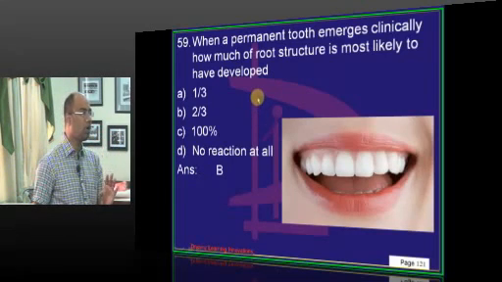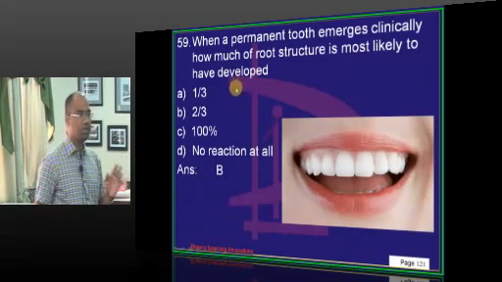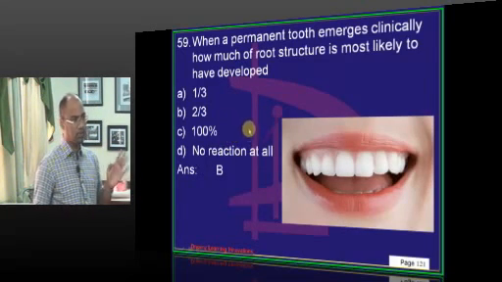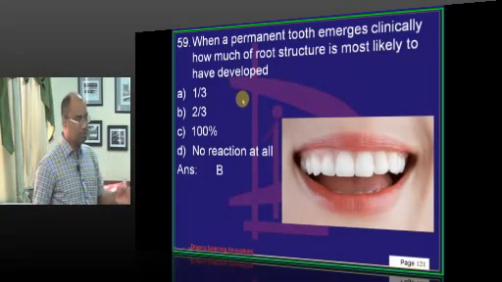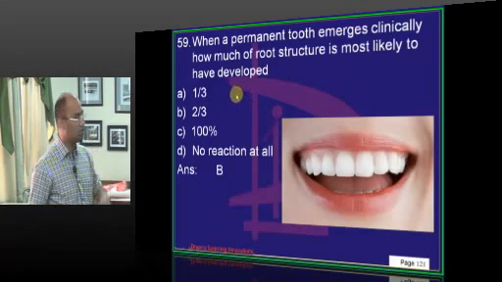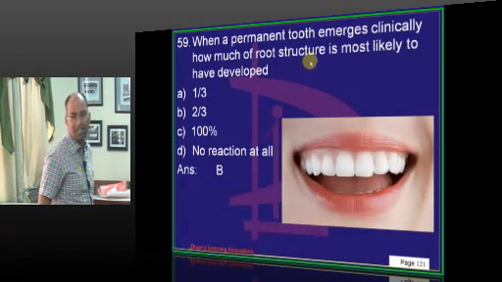If it is still in the oral cavity, remove it. And check the opposite side. Blessing in disguise, nature has given you right and left. So check the other side. If on the other side the tooth has erupted, then immediately remove this tooth. Okay. So when two-thirds of the root is formed, the tooth is erupting clinically into the oral cavity.